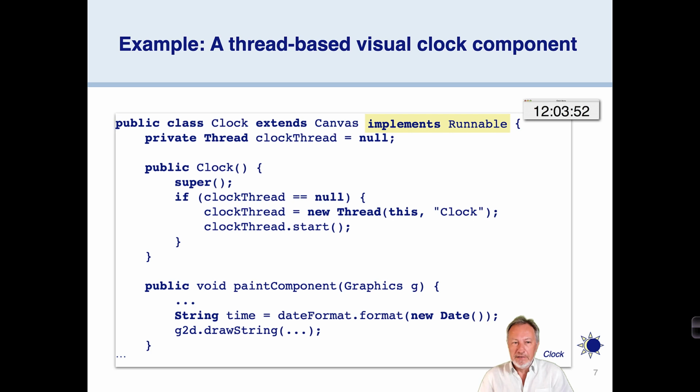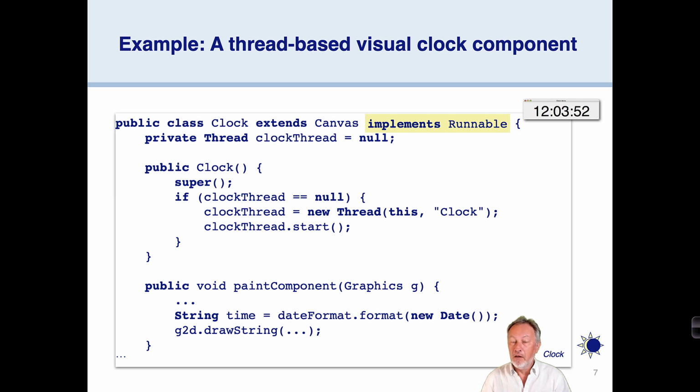So here's an example of a Clock class. This Clock extends a Canvas, so it has a place to show stuff, and it implements Runnable. In its constructor, we call super, which is always a good idea. And we check our instance variable clockThread, which is initially null.